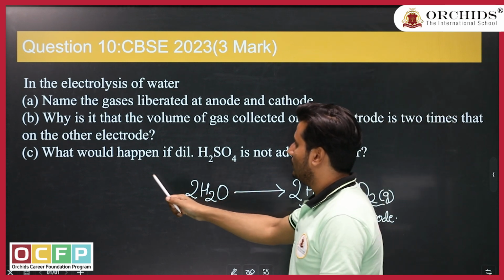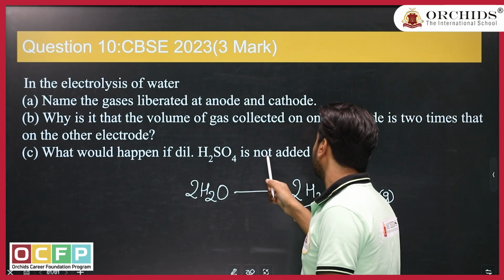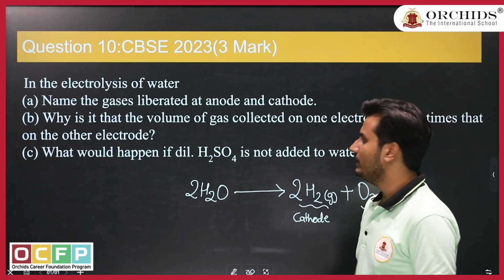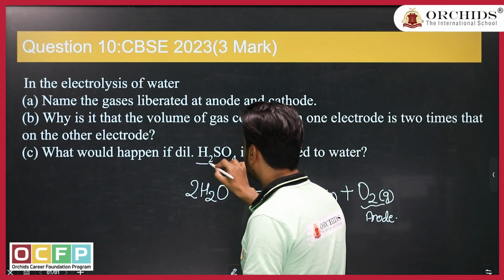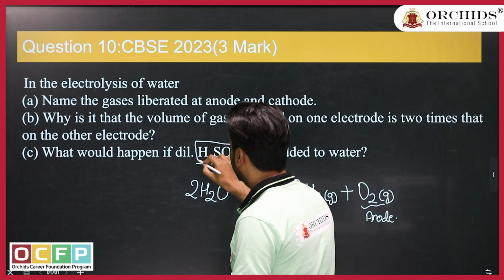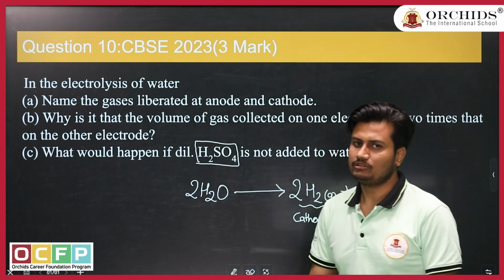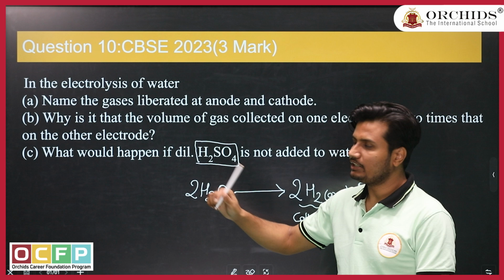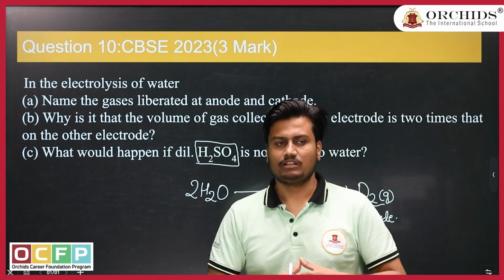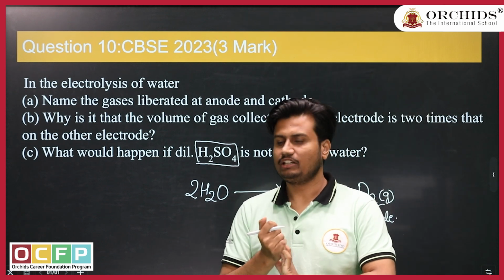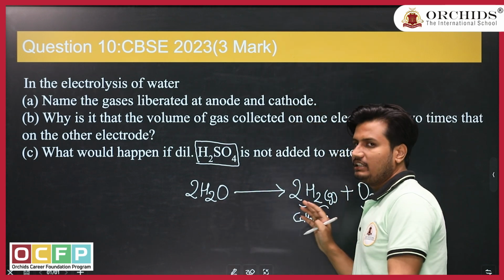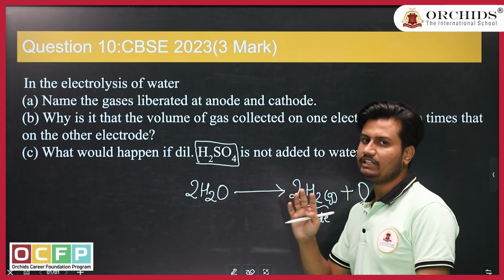Now what would happen if dilute H2SO4 is not added to water? What is the function of dilute H2SO4? In an electrolytic reaction, we need a strong electrolyte to complete the reaction, but water is a weak electrolyte.